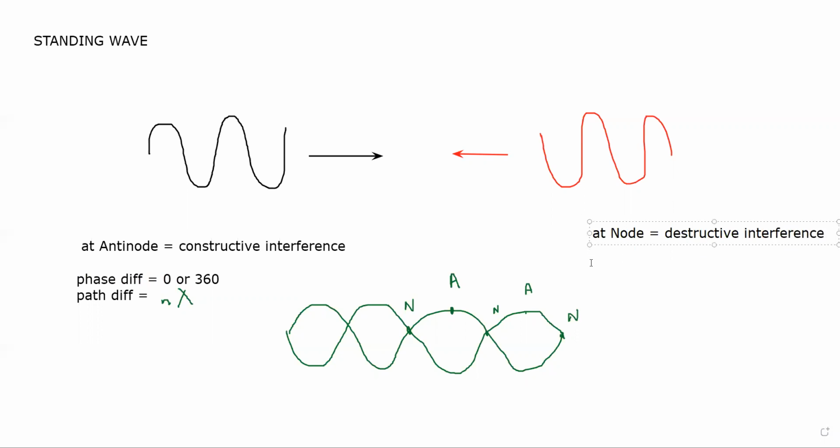The condition for destructive interference is that the phase difference at this point should be 180 degrees, and the path difference should be (n plus half) lambda.